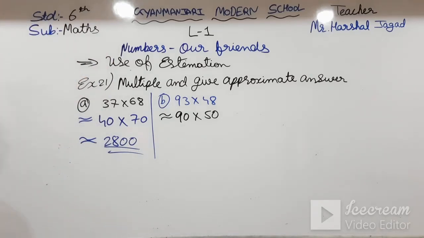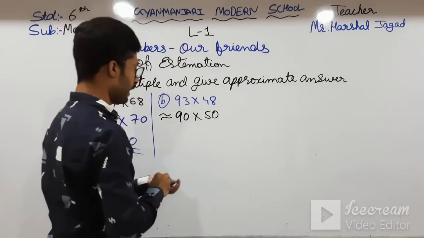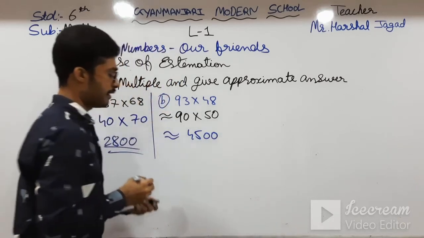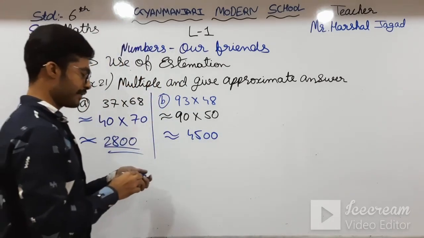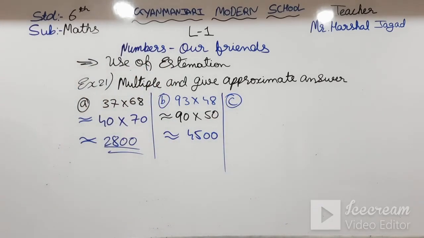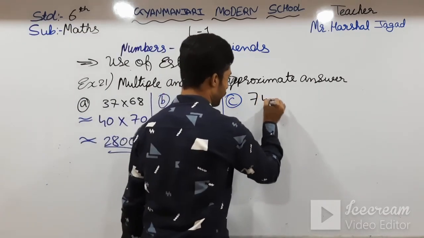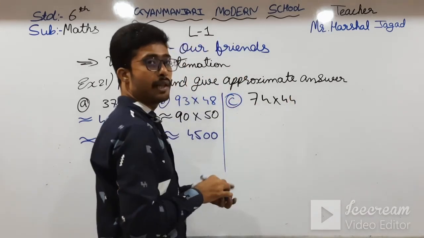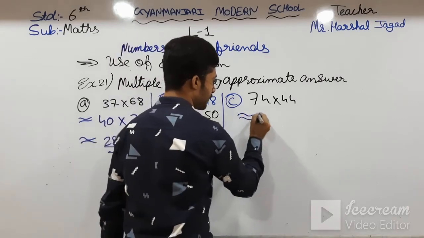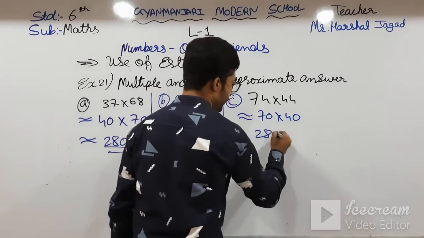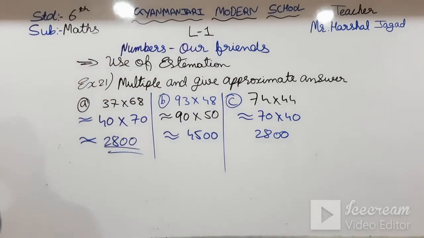So what will be the answer? 9 5s are 45. The approximate answer is 4500. This is the answer. Next, C, which is given as 74 into 44. First of all we will round off the figure, that is 70 into 40. 7 4s are 28, that is 2800. Okay students.